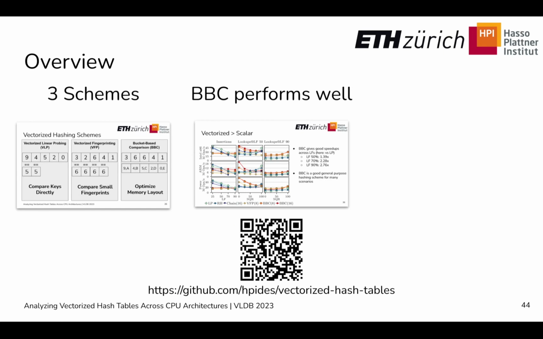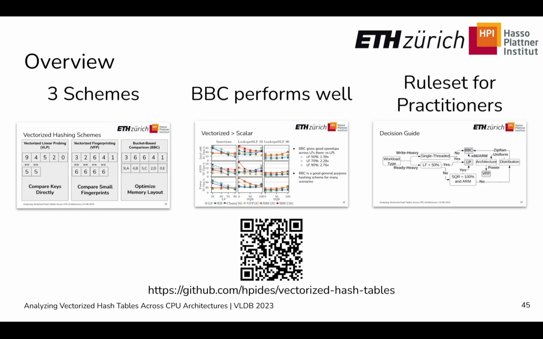But for all of these settings, BBC generally is a good hashing scheme. And last, I did not show this here in the presentation, but in the paper we provide a rule set for practitioners based on our experimental insights, like a flowchart on which hashing scheme you should use in your particular workload. But again, BBC is a good general choice.